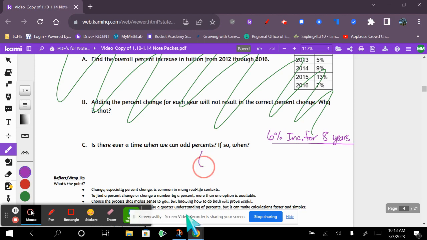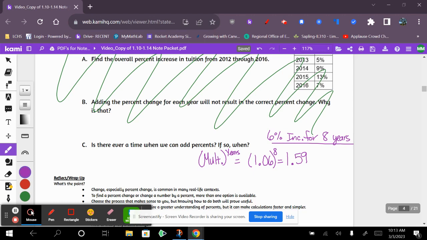I'm going to take my multiplier to the power of the number of years. The multiplier for a 6% increase will be 1.06, and the number of years is 8. If I type that in my calculator, I get 1.59.